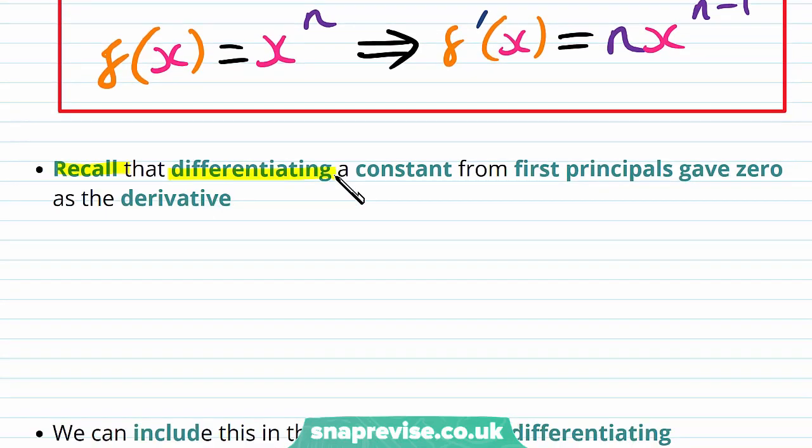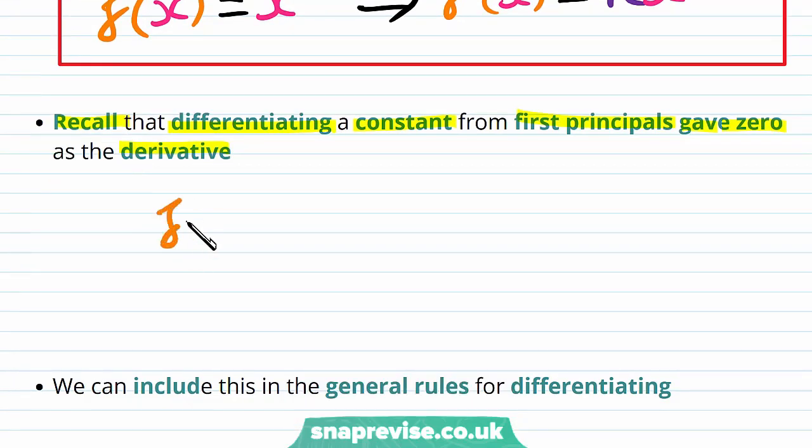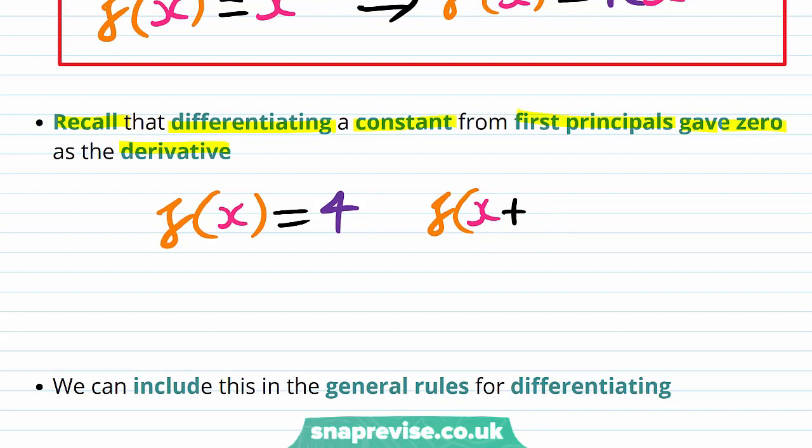Recall that differentiating a constant from first principles gave 0 as the derivative. Let's say we have our function f of x is equal to 4, as an example of a constant. Then, similarly, if we consider f of x plus h, by substituting in x plus h everywhere that you see x, you're also going to get 4 again for f of x plus h.